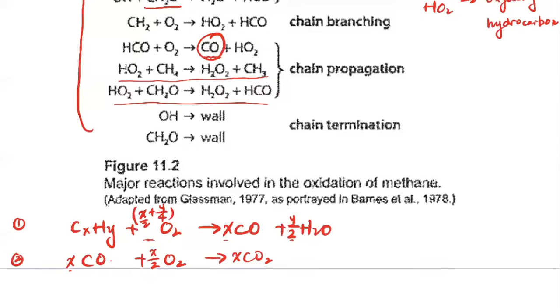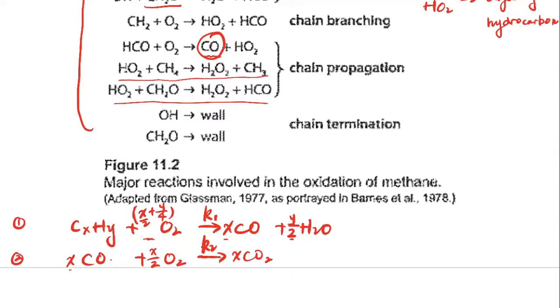Okay, so we can assume certain reaction rates or rate constants. Let's say the rate constant for the first reaction is K1 and the rate constant for the second reaction is K2. If we make this assumption, then we can calculate the reaction rate for all of the different species in here.